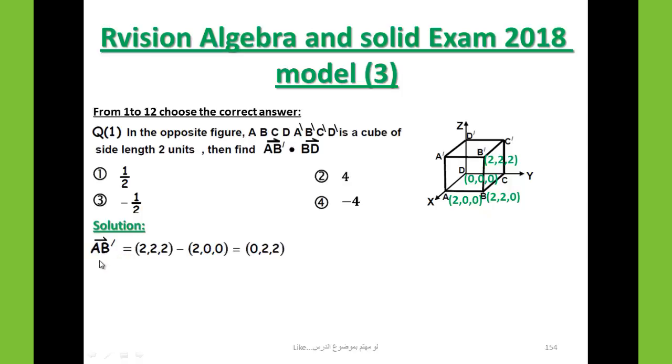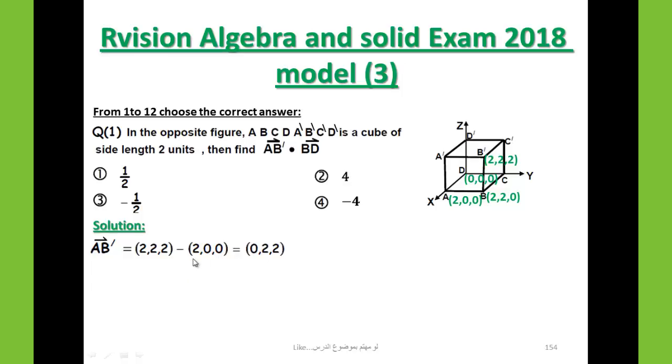Now A B dash equals B dash minus A, which is 2, 2, 2 minus 2, 0, 0. So 2 minus 2 equals 0, 2 minus 0 equals 2, 2 minus 0 equals 2.